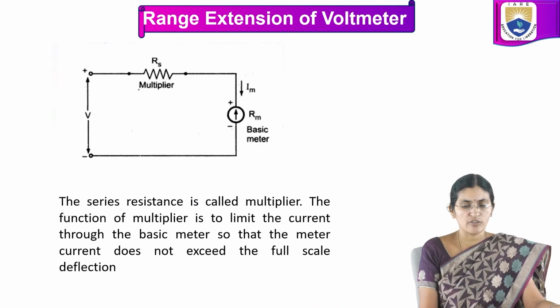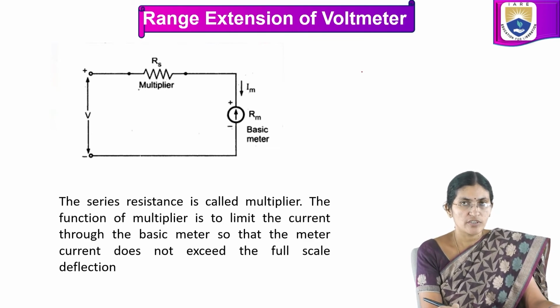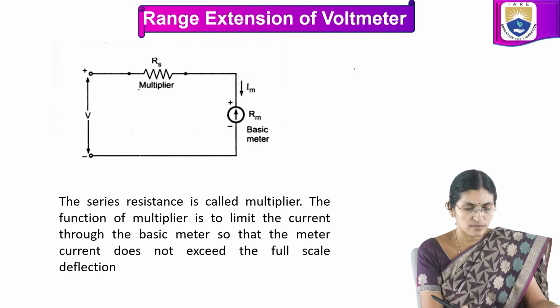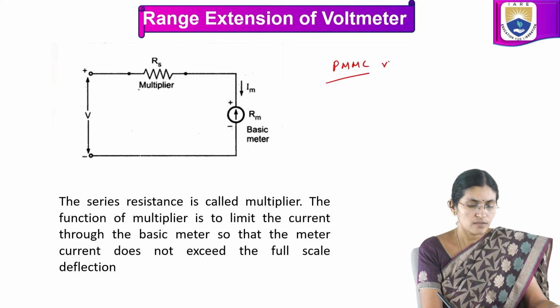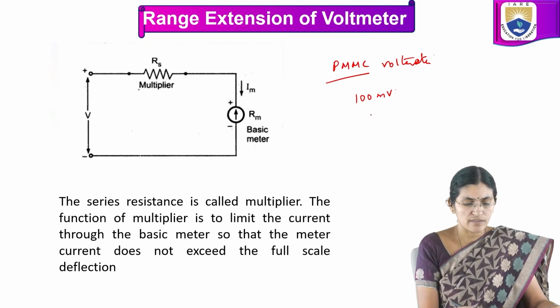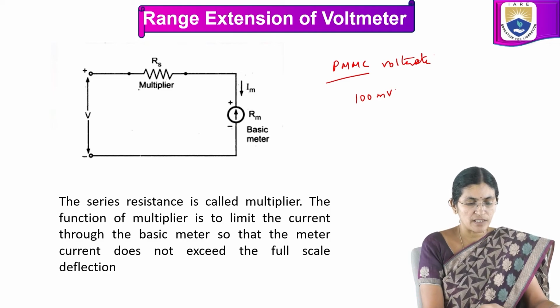Next, range extension of voltmeter. Generally a PMMC voltmeter can measure up to 100 millivolts. In order to extend its range, we use a series multiplier.